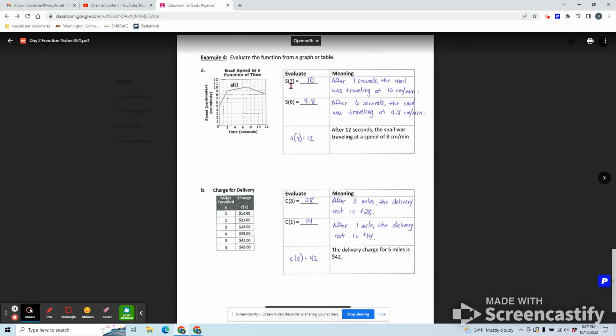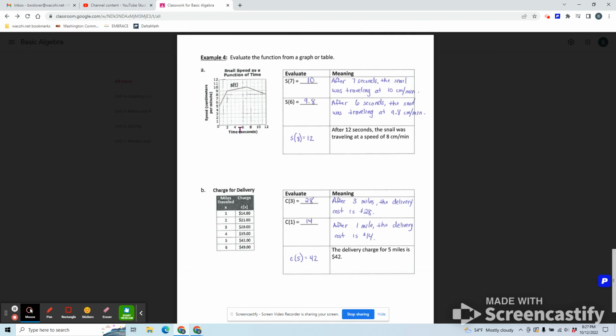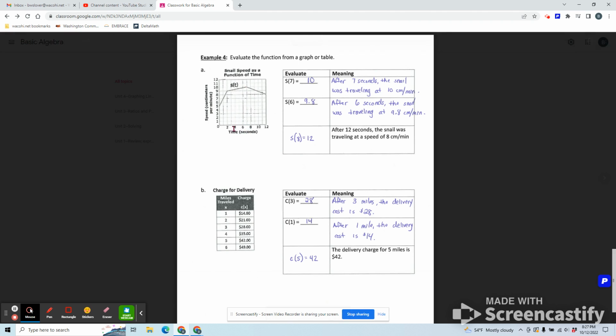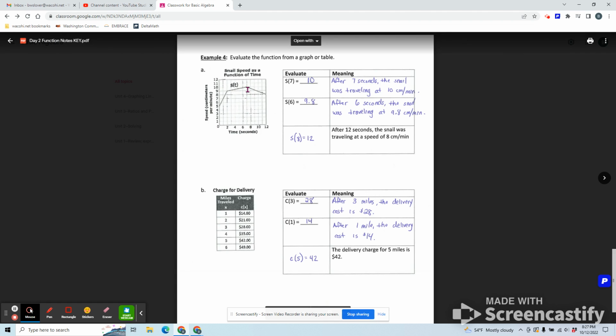So s of 7 equals, and it was blank. s is your seconds. At 7 seconds, it's asking how far the snail was. I go over here, 7 seconds. I go all the way up until I see the graph, and in this case it's at 10. So s of 7 equals 10.